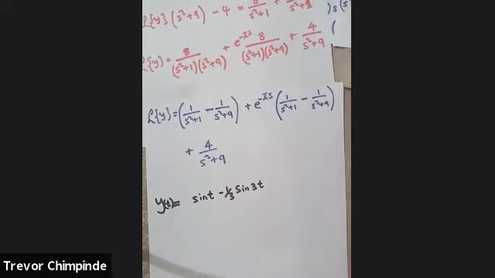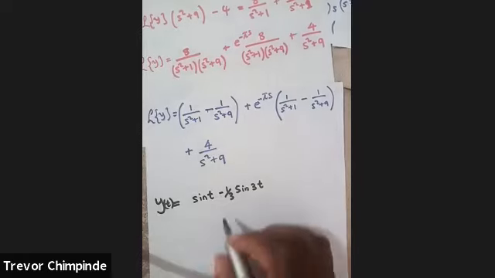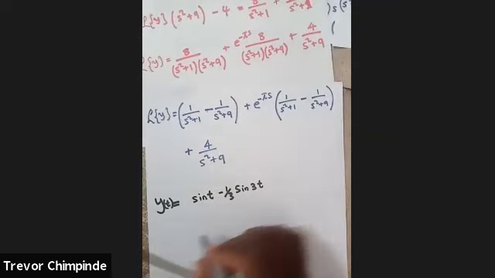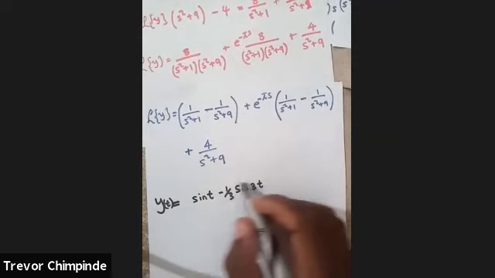How about this one? So this, we're using the t shifting. Can anyone take it up? Could it be sine t minus pi? Yes. So that's the first part. You just have to compare it with this one.